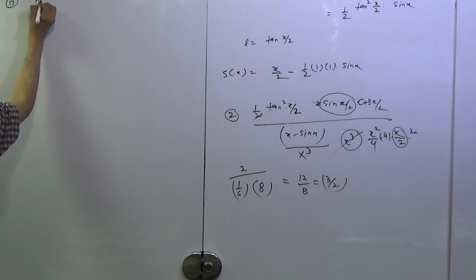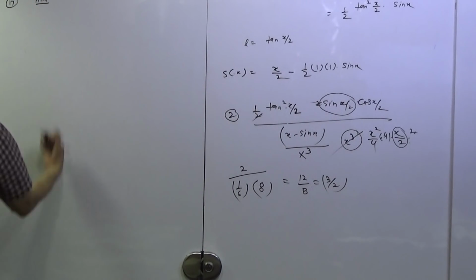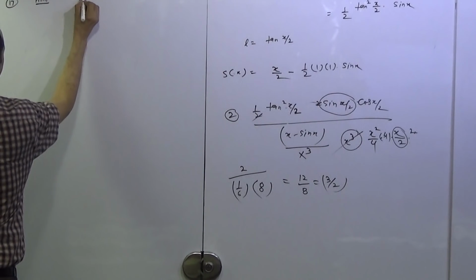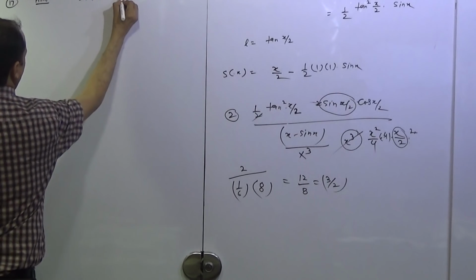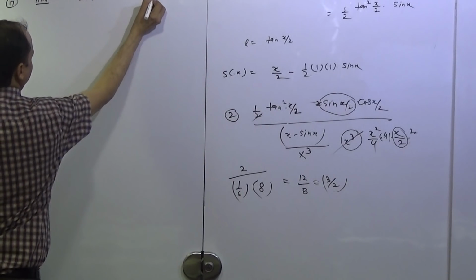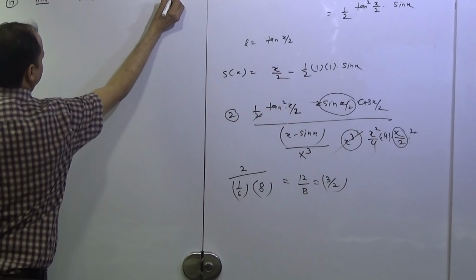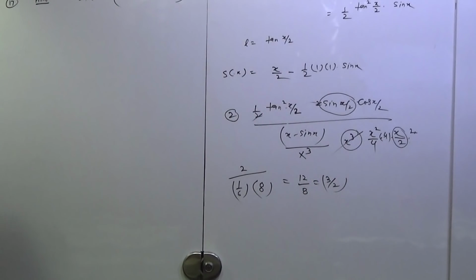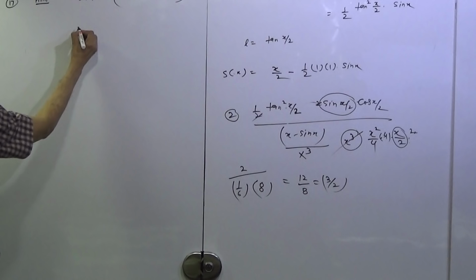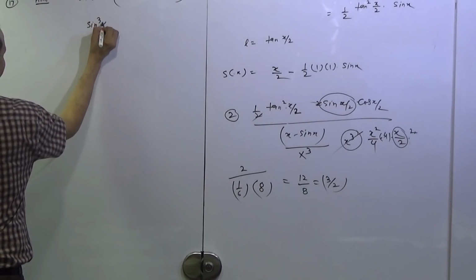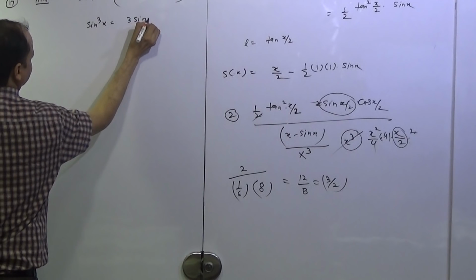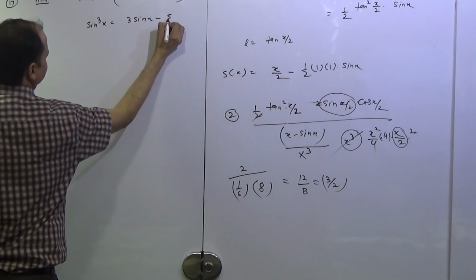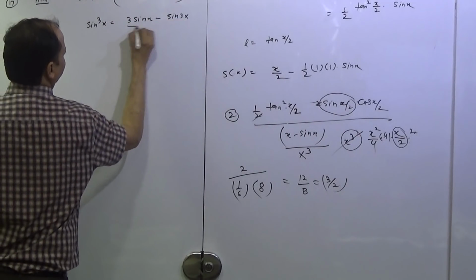17, I'll give you a hint. Not solving the full problem. Just write down the formula for sin 3x. That is coming out to be 3 sin x minus 4 sin cube x. Then the value of sin cube x will become 3 sin x minus sin 3x divided by 4.